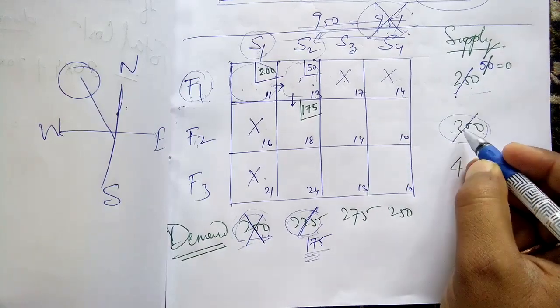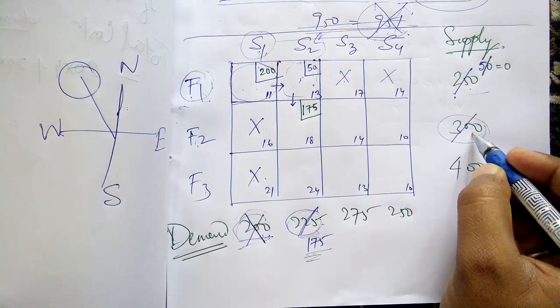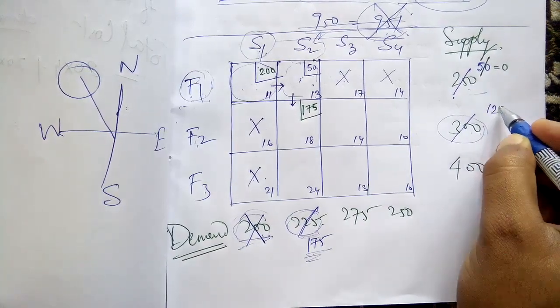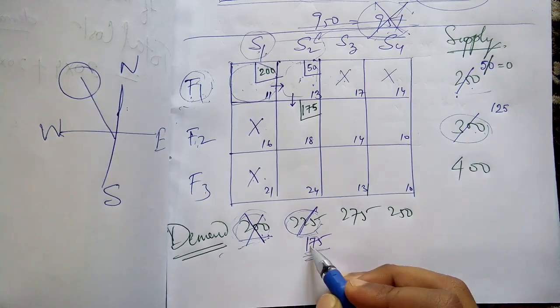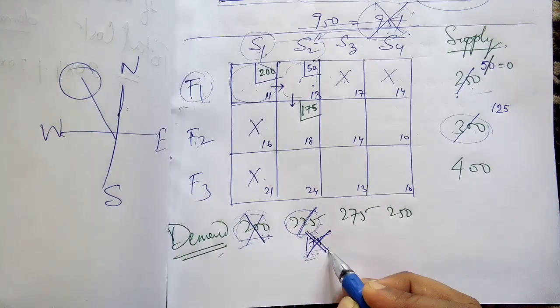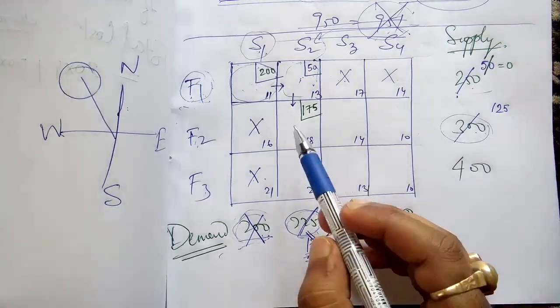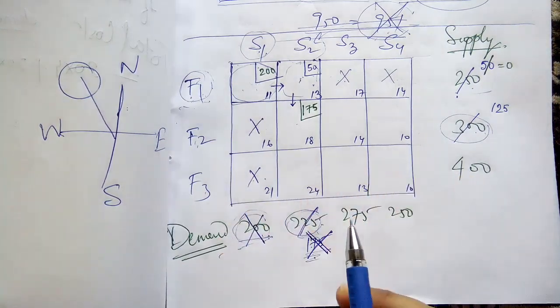Now try to understand how much is left with factory number 2. 300 minus 175, that is 125. You have understood. And what is the demand of store number 2 now? It is 0. So cross this. Why is it 0? Because 175 plus 50 is 225. Its demand is fulfilled.